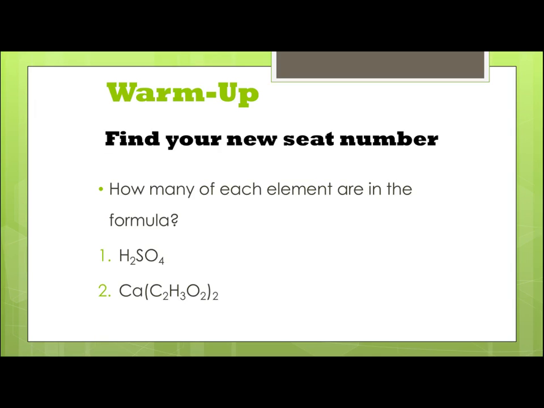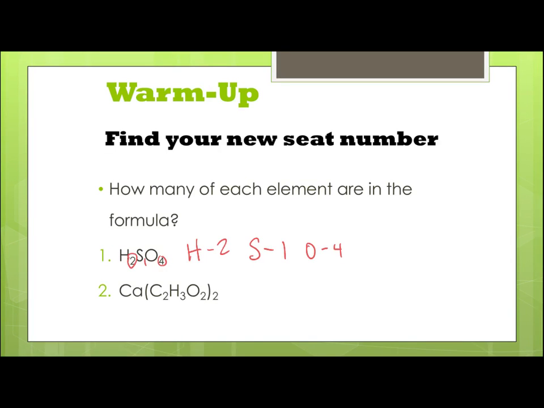For number one, look at our hydrogen: there's going to be two hydrogens because there's a subscript of 2 behind the H. We look at sulfur, there's going to be one sulfur, right? Because when nothing's there, it's an understood 1. And then when we look at oxygen, you're going to have 4 because there's a subscript of 4.